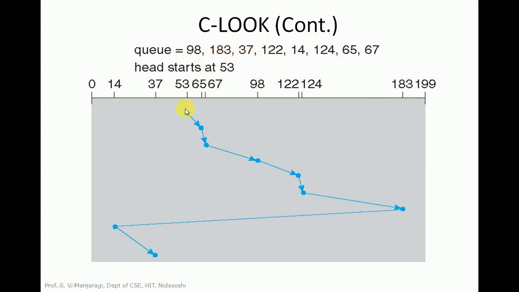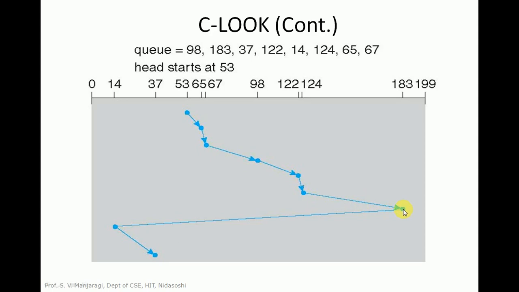So the head will move up to the last request towards the right hand side instead of reaching the dead end 199. Meanwhile, the requests served are 65, 67, 98, 122, 124. The last request served here is 183.